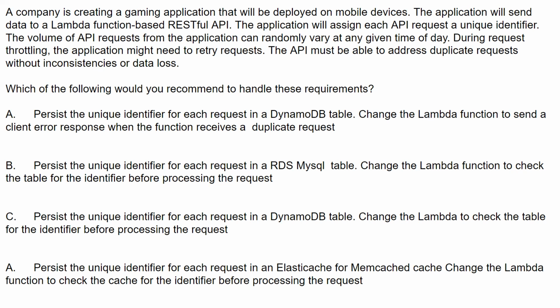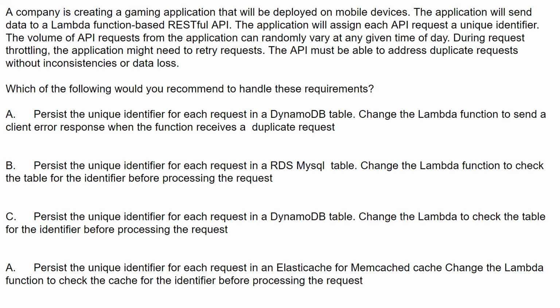During request throttling, the application might need to retry requests. The API must be able to address duplicate requests without inconsistencies or data loss. Which of the following would you recommend to handle these requirements?